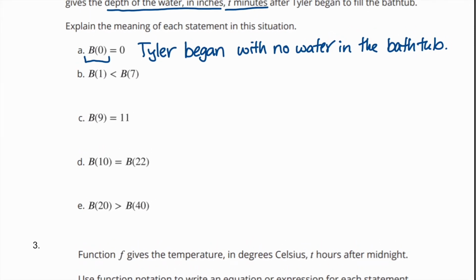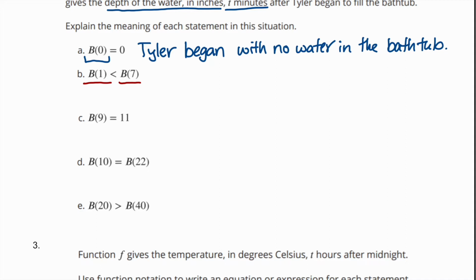Now for the rest of these, we're going to phrase it a little more mathematically, more numerically. B of 1 is less than B of 7 would be the math way of phrasing it. B of 1 represents the water's height at 1 minute, and B of 7 represents the water's height at 7 minutes. Even though 1 minute is less than 7, we're not talking about the input value.